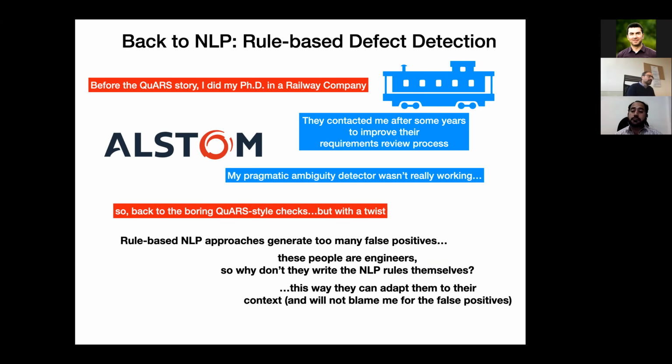I thought this type of rule-based NLP approach generates too many false positives, so too many false defects in the requirements. Well, these people are engineers, so why don't they write the NLP rules themselves? These are computer scientists, so they can write the NLP rules themselves, so they can adapt them to their context and will not blame me for the false positives, because if you have too many false positives, you will just say that the tool is not working, okay?